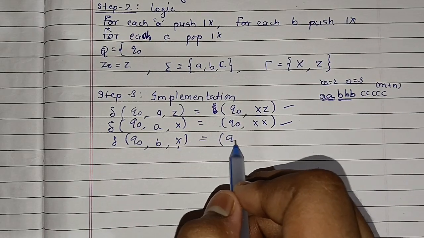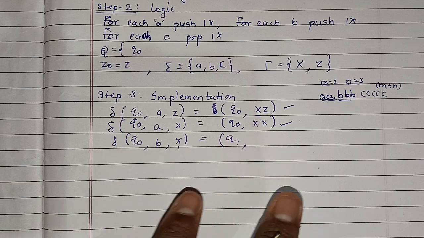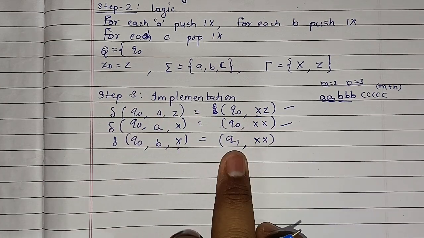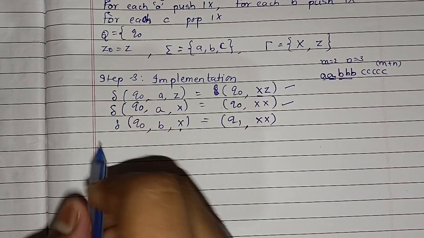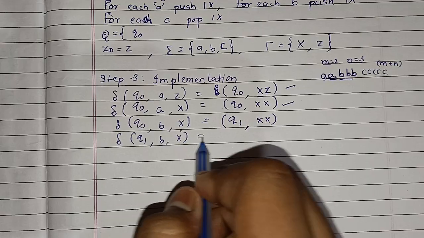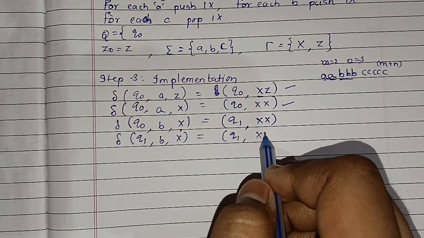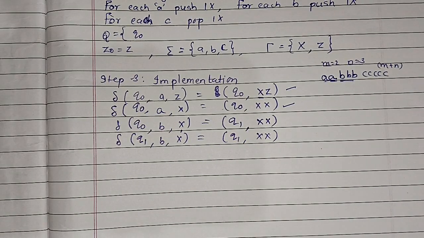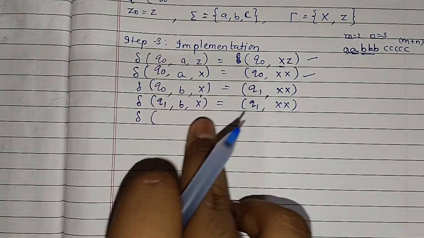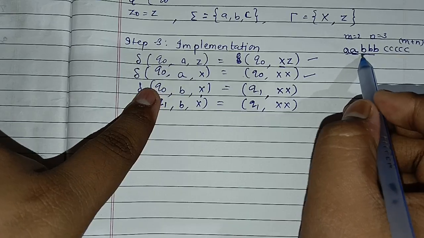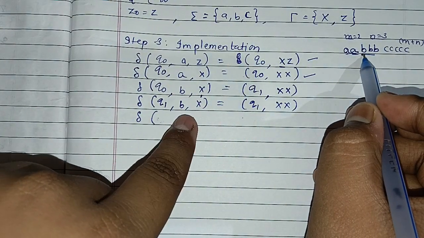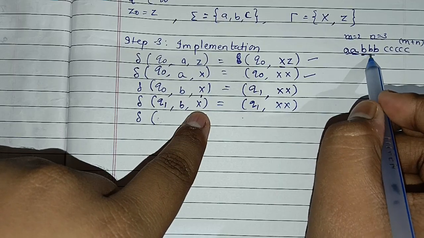I am changing the state so I can keep track, and it will be easier to solve. Now q1, b, x: in the same state I am pushing only. Q0, b comes, going to q1 and pushing 1 x. Q1, b and the stack top is x, so it pushes again.